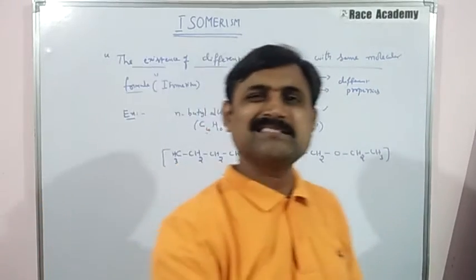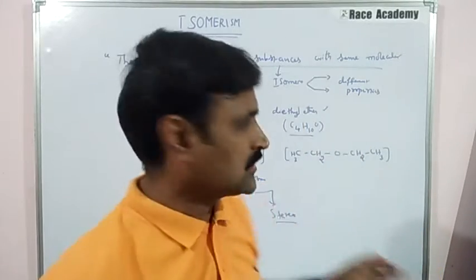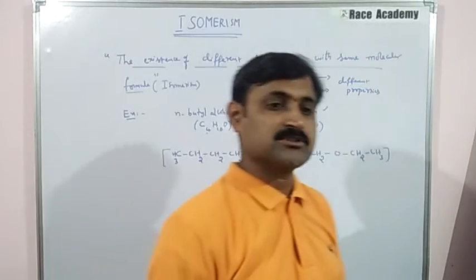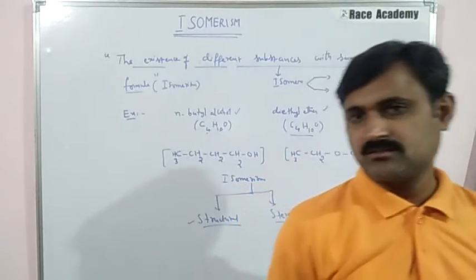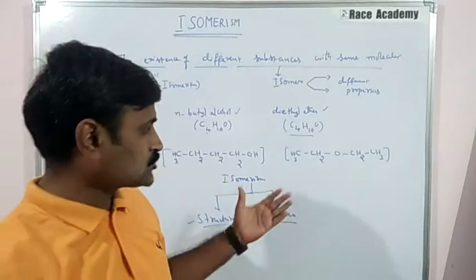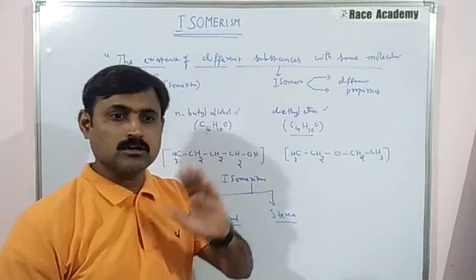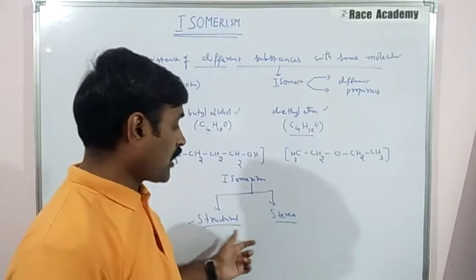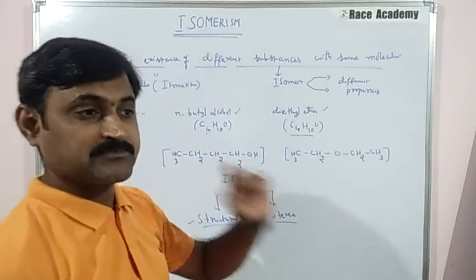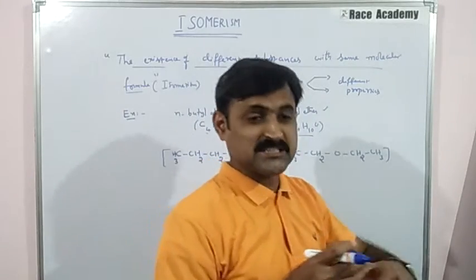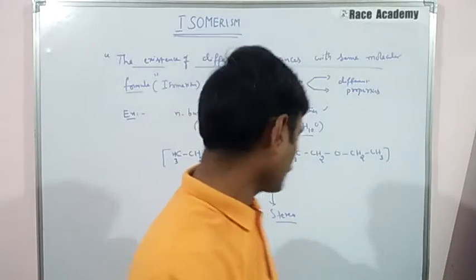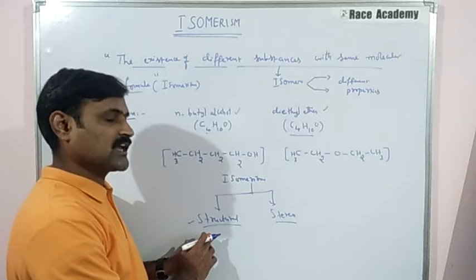Coming to the second simple classification we are observing on the board, that is stereo isomerism. Stereo means in space, in a three-dimensional manner. Here the structure is the same, unlike the previous one, but the spatial arrangement of atoms or groups attached to carbon is different. In structural isomers the structures are different.